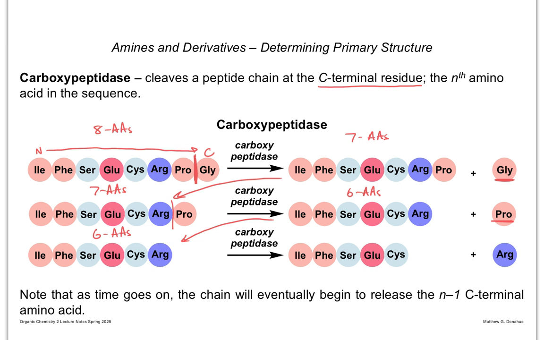Carboxypeptidase comes along, it's reading it, it sees the arginine, it cleaves. We're now down to 5. And arginine starts showing up. So again, first to show up, second to show up, third to show up, so on and so forth, as time progresses.